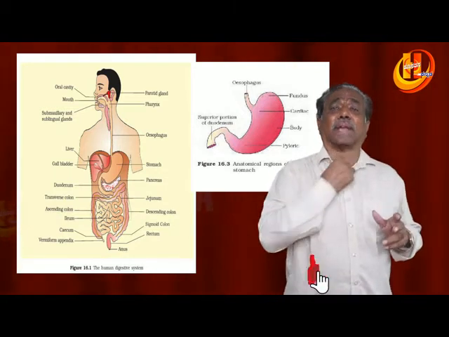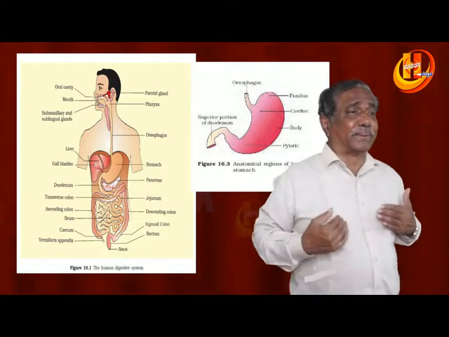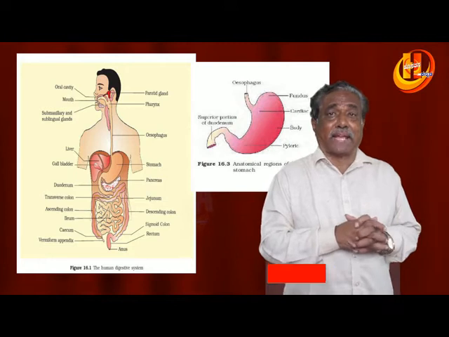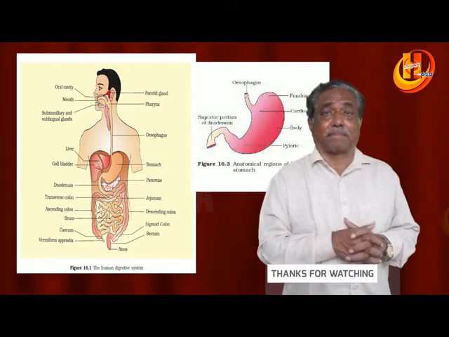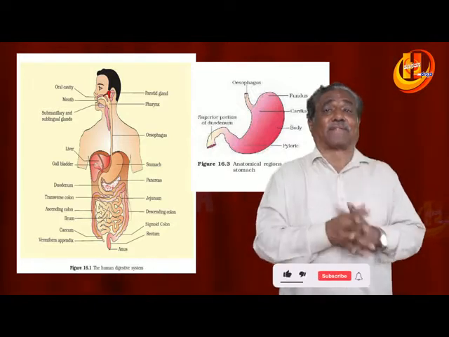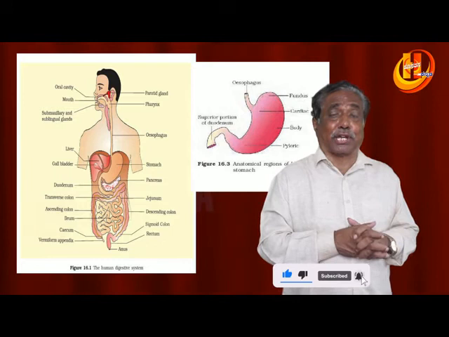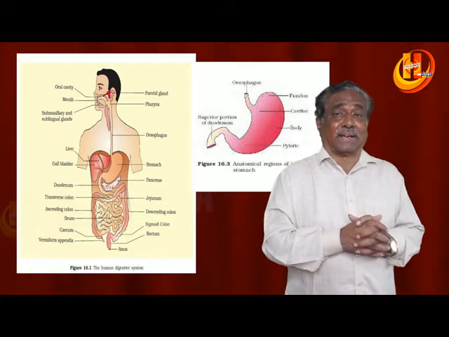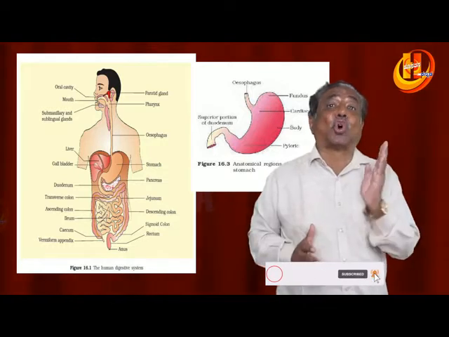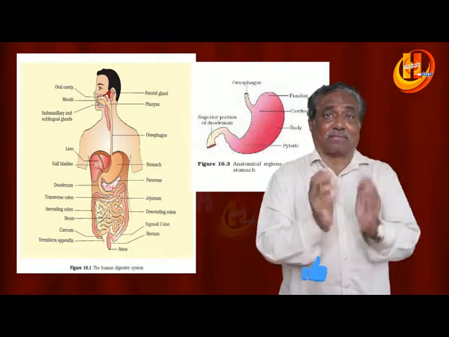The next, the food which leaves the mouth called bolus enters into the stomach. Stomach is a mechanical mixer, chemical digester, temporary storage sac for the food. And three types of cells are present. One called mucus cells, which secrete mucus, and even the bicarbonates are present, which prevent excoriation of the stomach wall.